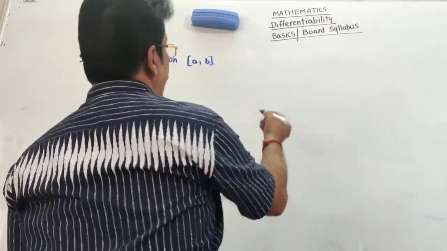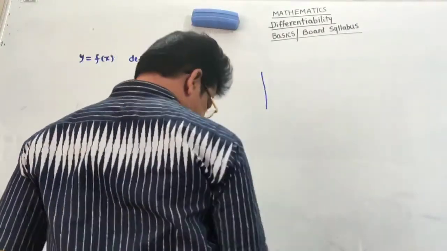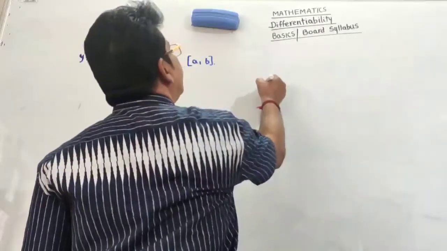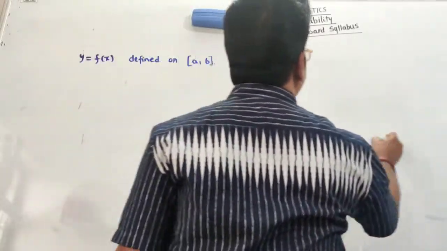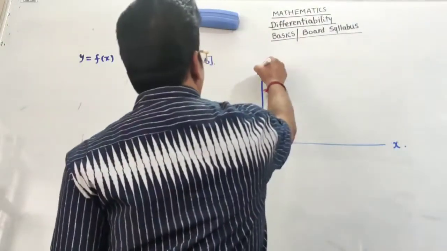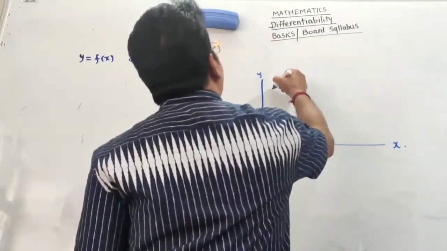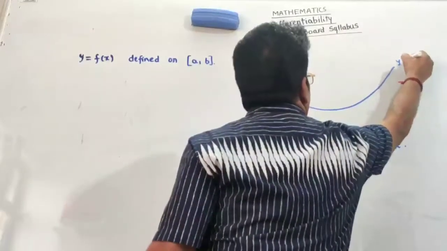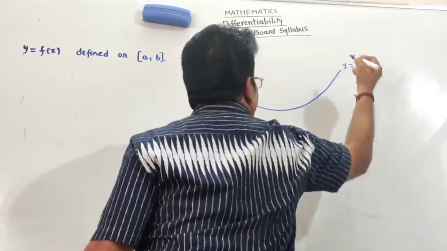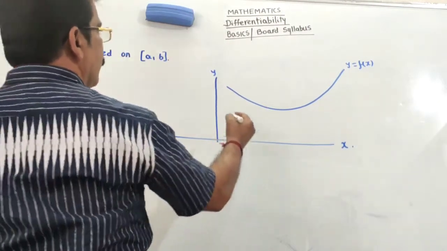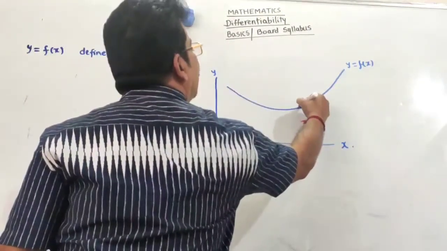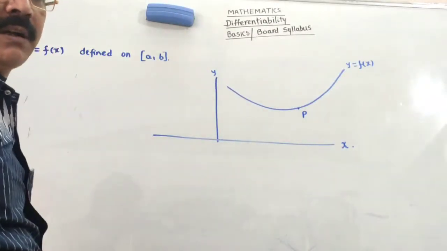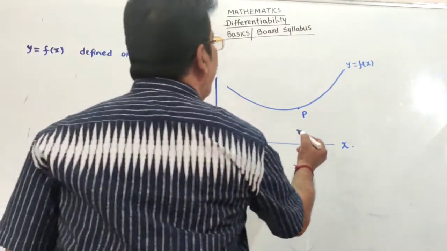Here let us take the coordinate axis, and y equal to f of x. It is the given curve. Next, let capital P be the point on the curve y is equal to f of x.